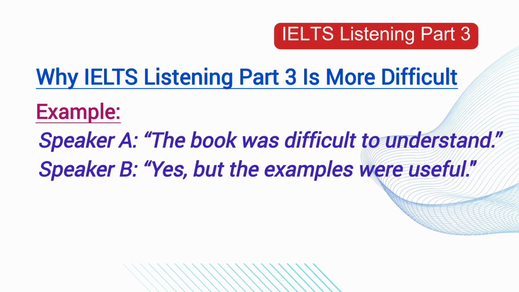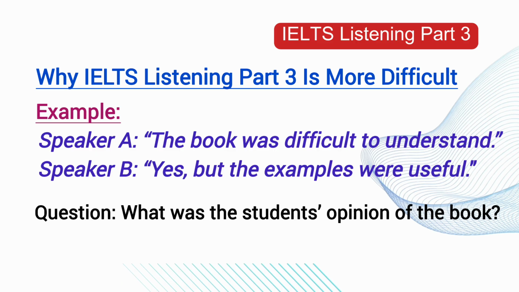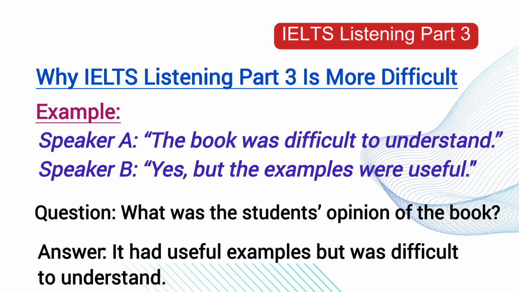Speaker B says yes, but the examples were useful. The question would be, what was the student's opinion of the book? To answer this question, the answer would be, it had useful examples but was difficult to understand. Part 3 is harder because it tests higher level listening skills.